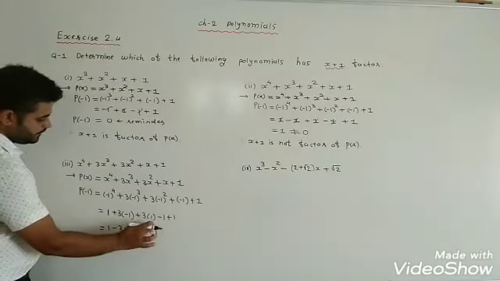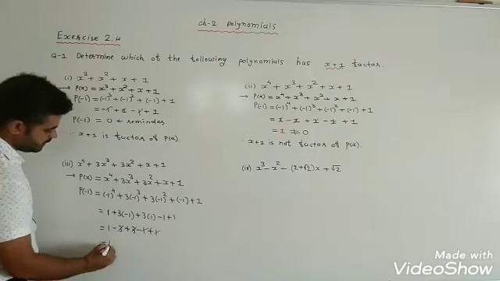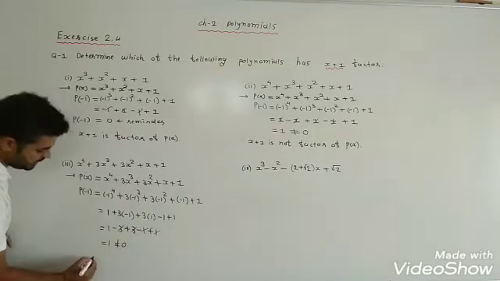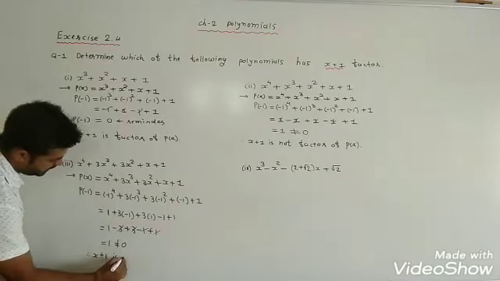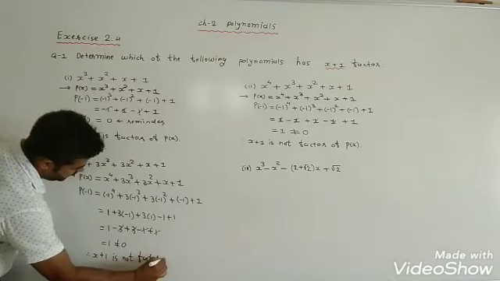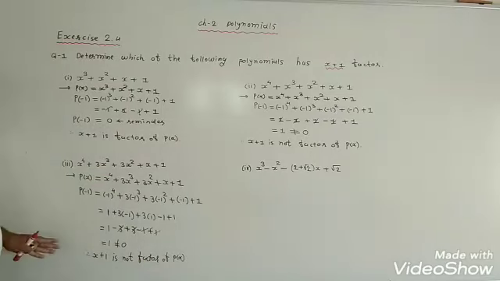So 3 and 3 cancel, and we have 1, which is not equal to 0. Here the remainder is not equal to 0. It means that x plus 1 is not a factor of p of x.